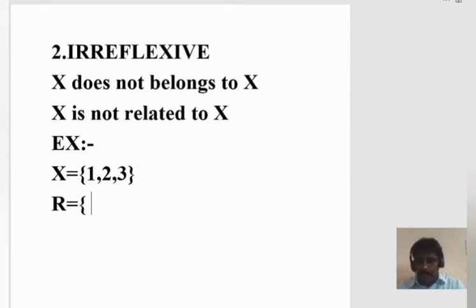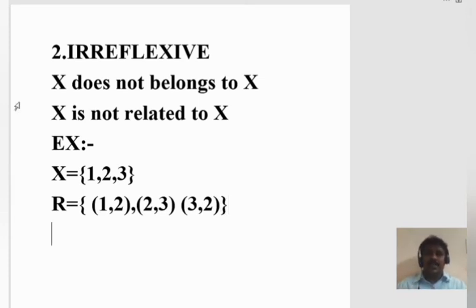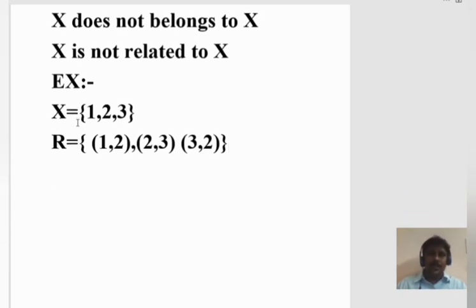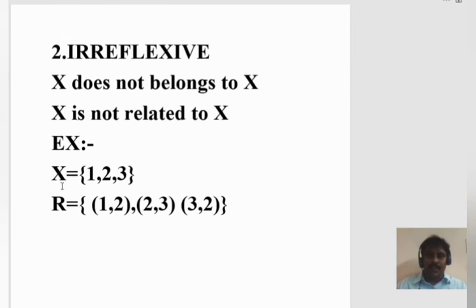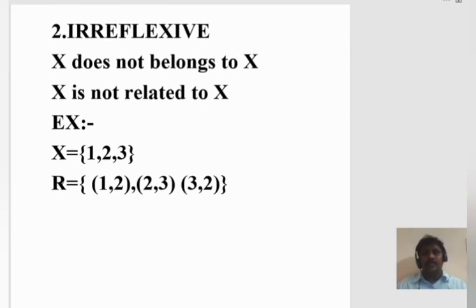It has the values (1, 2), (2, 3), (3, 2). Now, is this irreflexive? Can you say that this relation is irreflexive? First of all, we have to take values and see whether it is irreflexive or not.